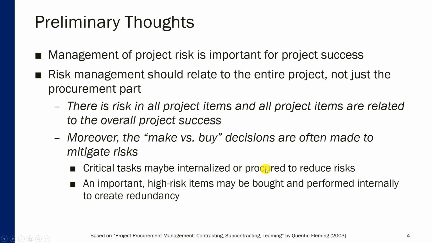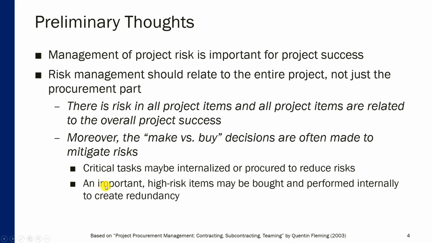Or on the opposite, if an organization feels that an external organization has more expertise and is more likely to complete a particular work item in a way that meets the quality, schedule, and budget expectations, then they will go ahead and procure this item from outside to reduce risk to the overall project success.